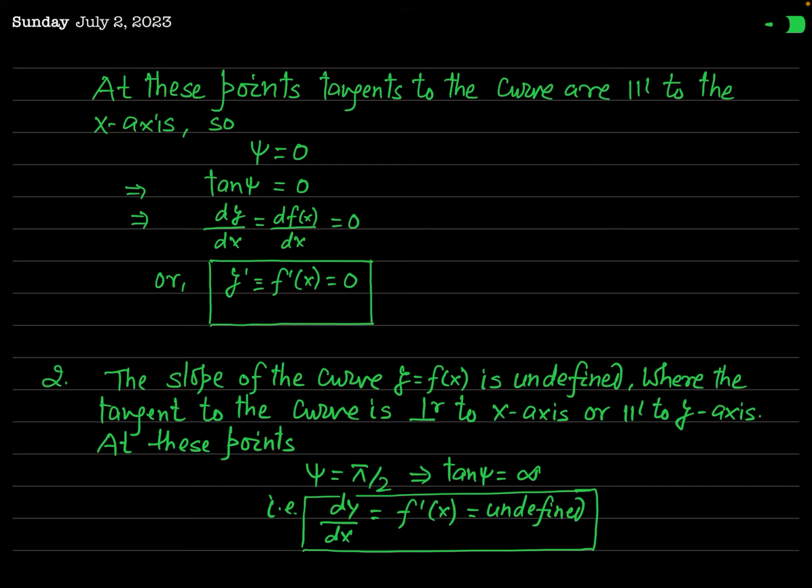You can see that at the points of local maxima or local minima the tangents are parallel to the x-axis, and so psi is 0, and so tan psi will be 0, and tan psi is dy by dx or df by dx, and that will be equal to 0. So you can say that f dash of x is equal to 0. I think we have understood.